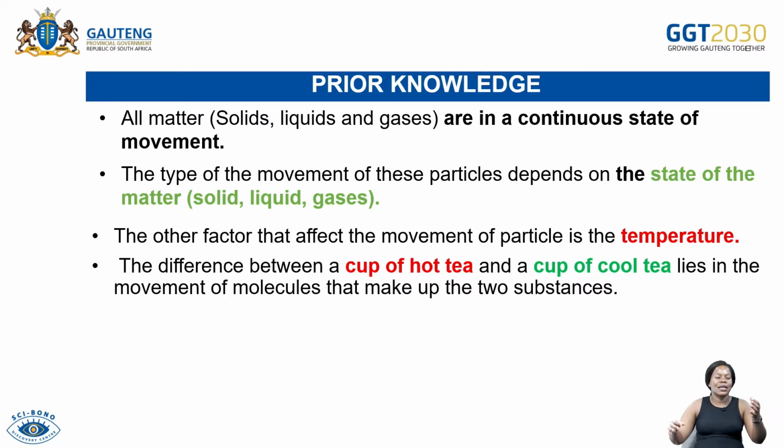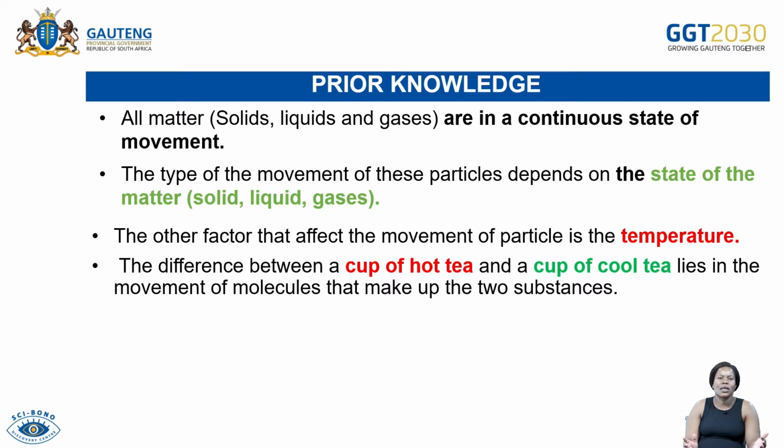What you'll see is that in the hot, or rather boiled water, the tea bag is going to diffuse faster as compared to in the cold, or rather cool cup of water. So what does this tell us? It tells us that temperature acts as a catalyst in allowing the tea bag to dissociate and diffuse nicely in the water.